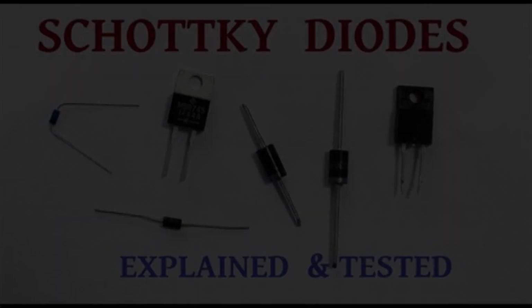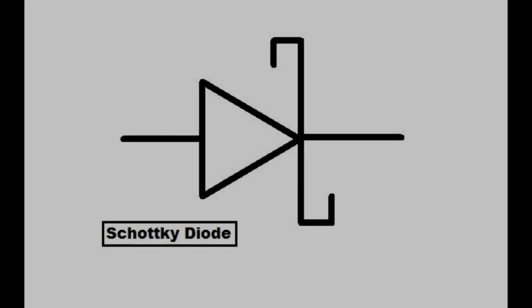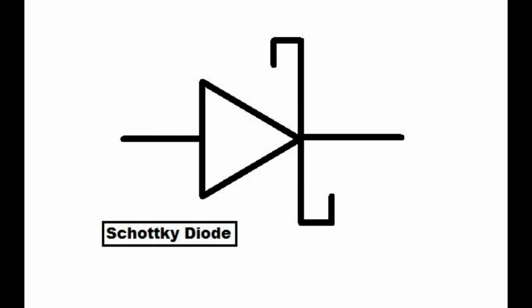Schottky diode. The Schottky diode, named after German physicist Walter Schottky, is a type of diode which consists of a small junction between an N-type semiconductor and a metal. It has no PN junction. The plus point of the Schottky diode is that it has very low forward voltage drop and fast switching.